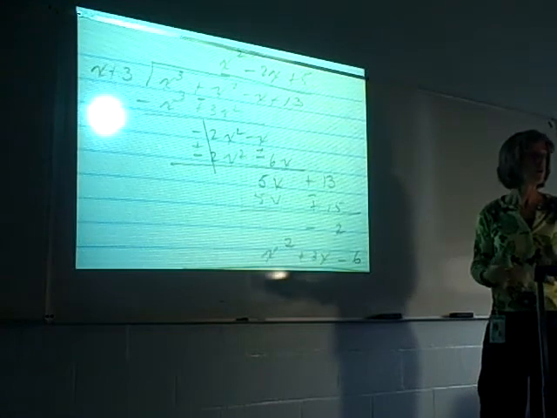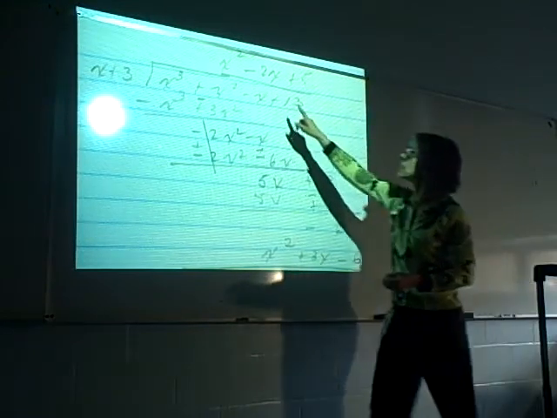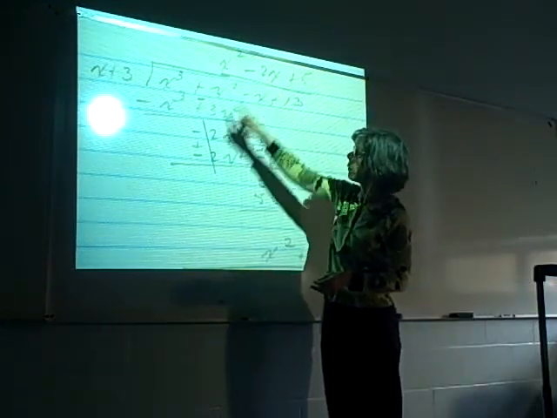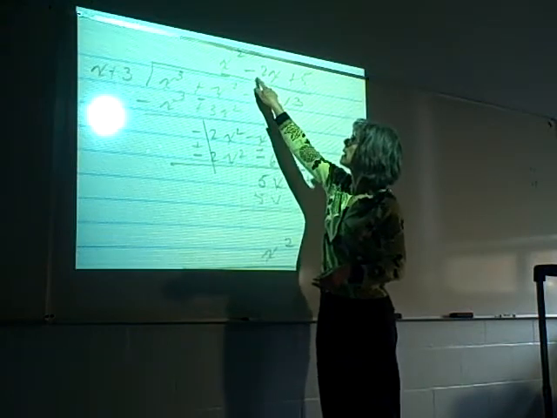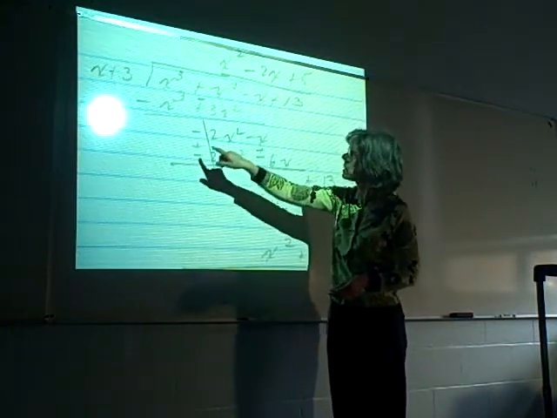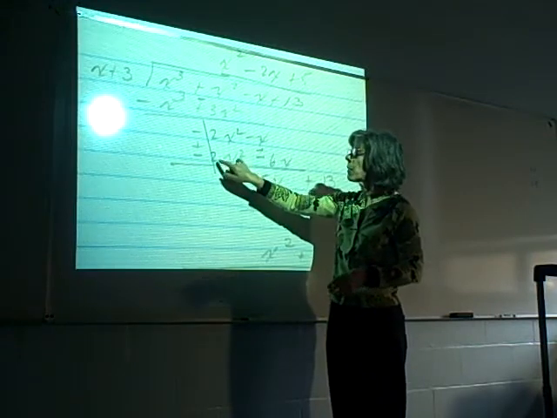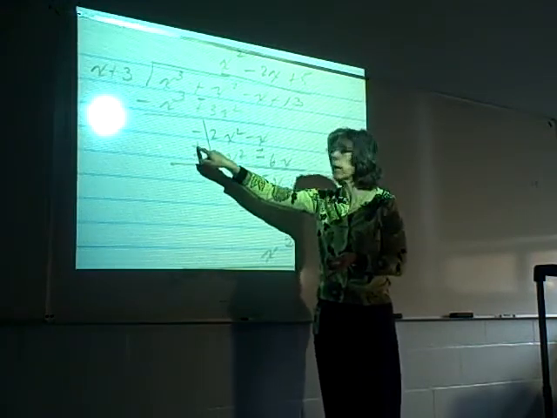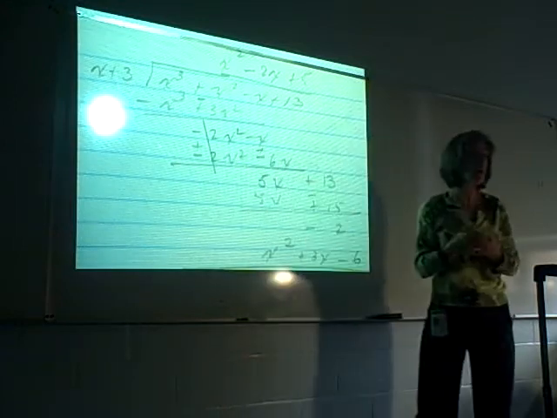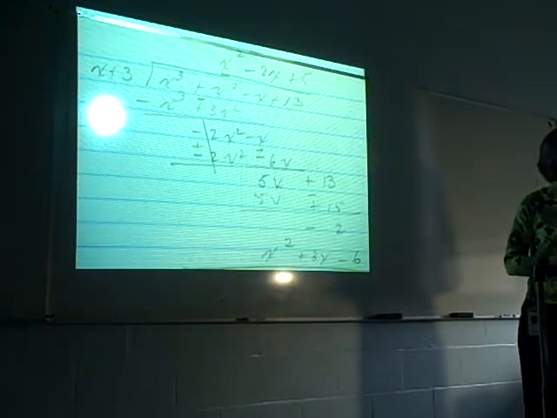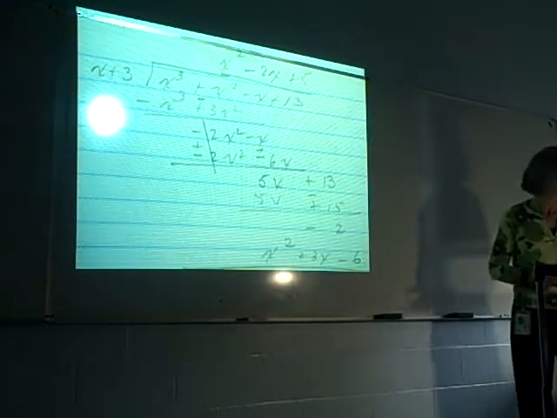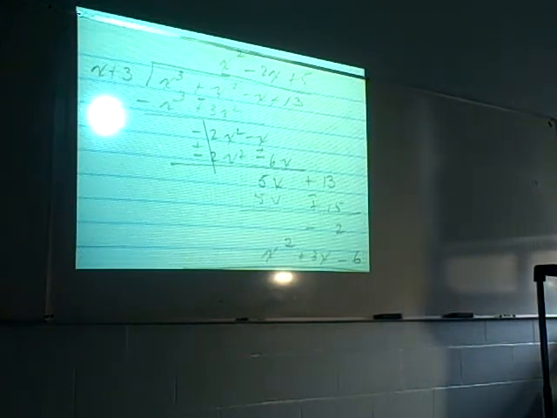So in this case, I had a negative 2x times x, which was a negative 2x squared. But because I'm subtracting a negative, it becomes a positive. And that's what you're trying to do, you're trying to cancel them out. Okay, so that was number 10.